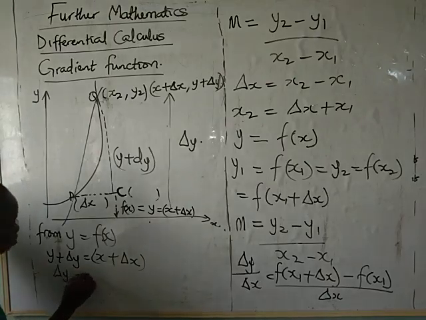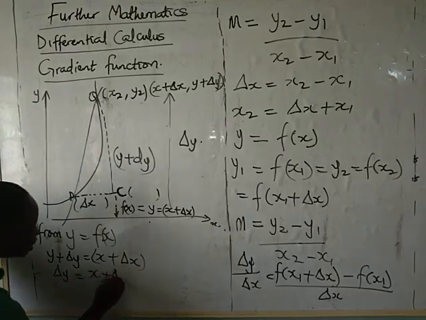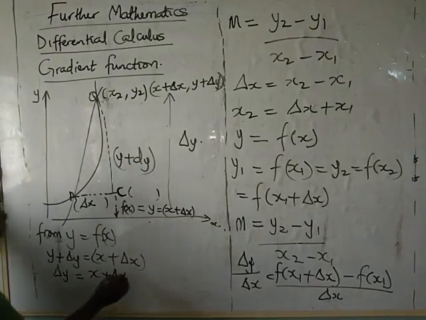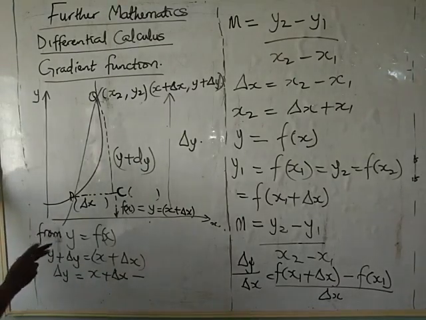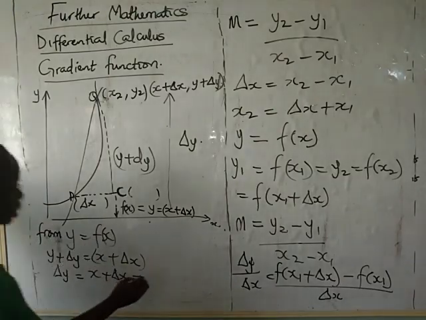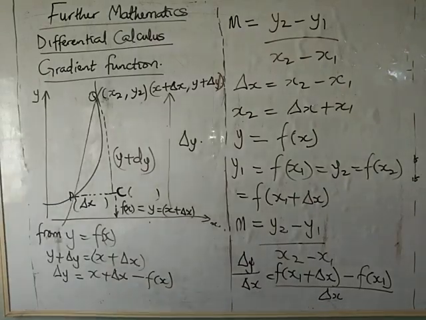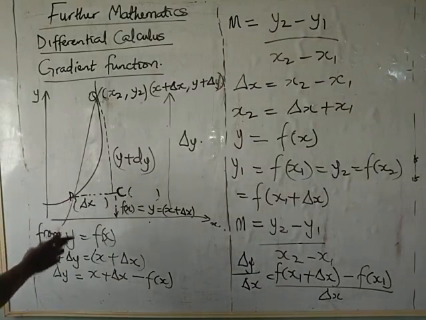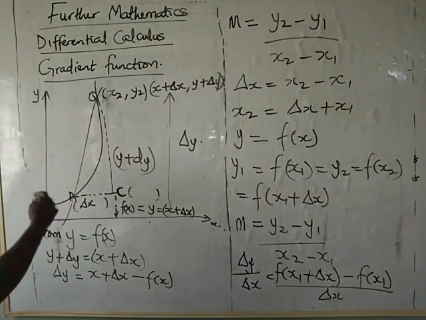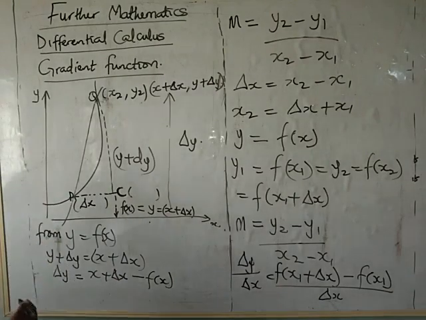So we want to measure that rate of change. Delta y will now give me x plus delta x minus the value of y. Y is the same thing as f of x. So we have it here. So for us to now measure the rate of change as the limiting value tends to zero, it's closer to zero, but it's not exactly zero.